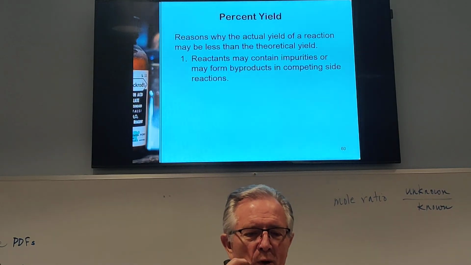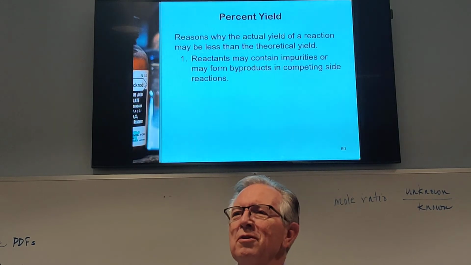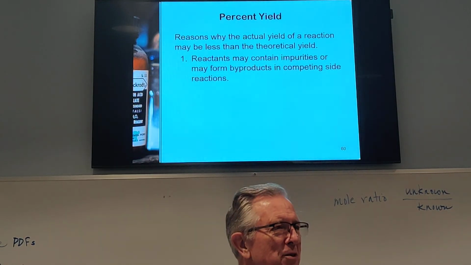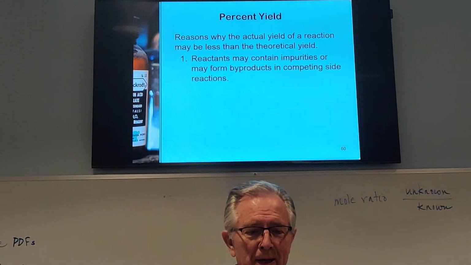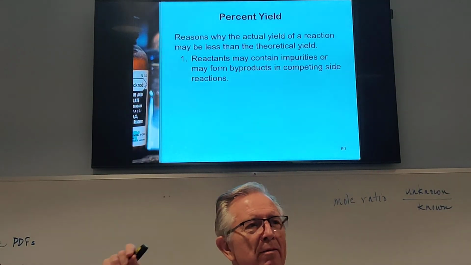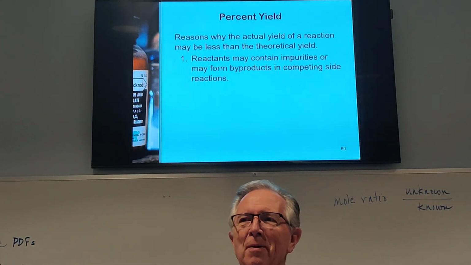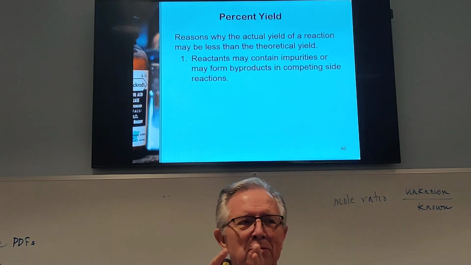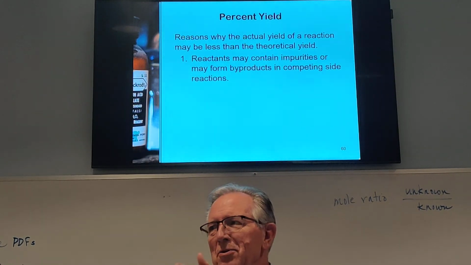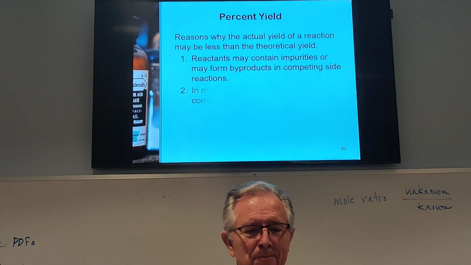Well, one of the reasons, as I kind of hinted, is if we're using student grade reagents or reactants, maybe there are some impurities in them that may form some side reaction that ends up using up some of my stuff. I want it all to be this reaction, but some of it might get used on a side reaction with some of the impurities.